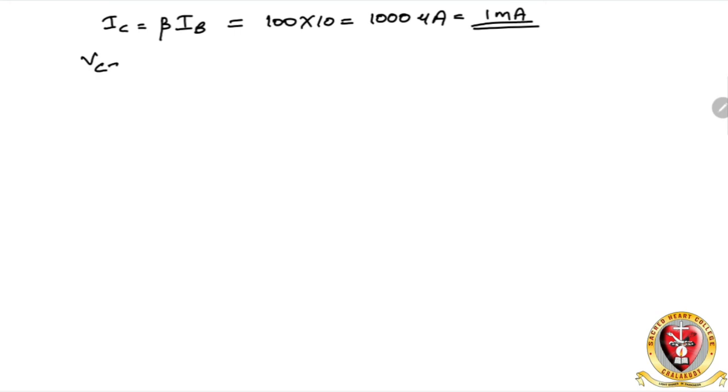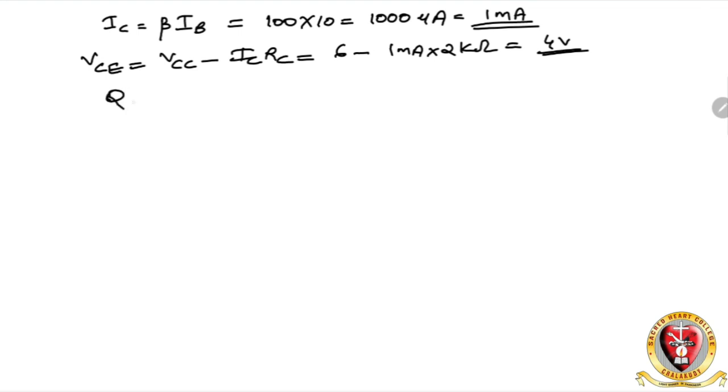Now VCE, the collector emitter voltage, is equal to VCC minus ICRC. So that is equal to 6 minus 1 milliampere into 2 kilo ohm, that is 6 minus 2, that is 4 volt. So the Q point in this case is 4 volt, 1 milliampere.